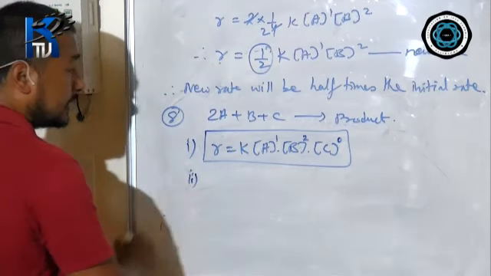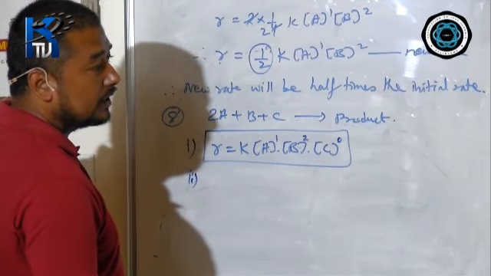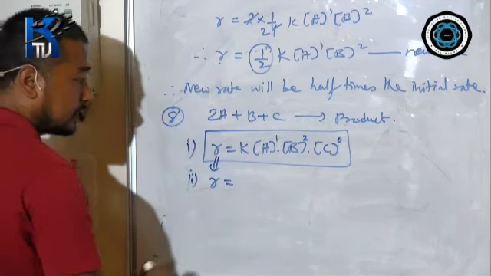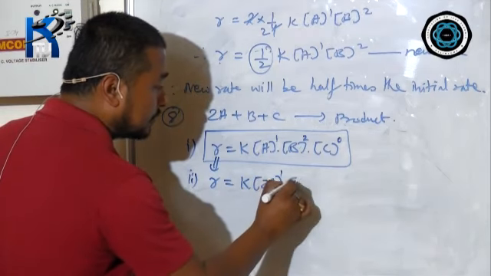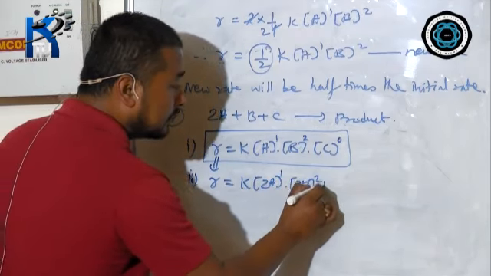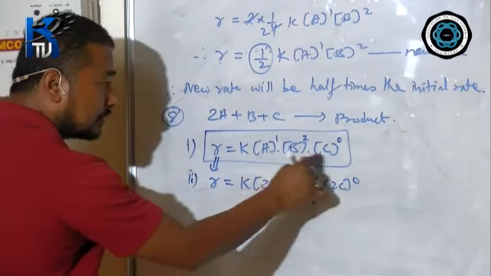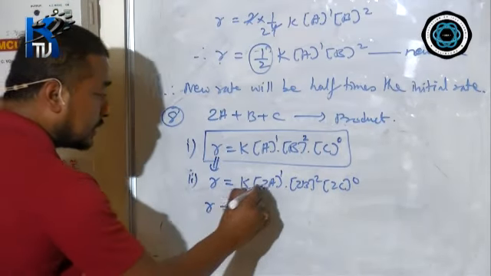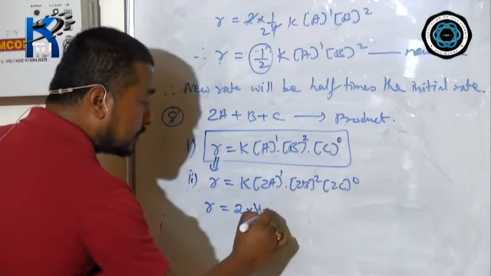Now number 2, what they are saying, what will be the effect on rate on increasing the concentration of A, B, C by 2 times? So what is going to happen to this rate if you increase the concentration of all of them by 2 times? Now take the number out again. 2 to the power 1 is 2, 2 square is 4, 2 to the power 0 is 1.